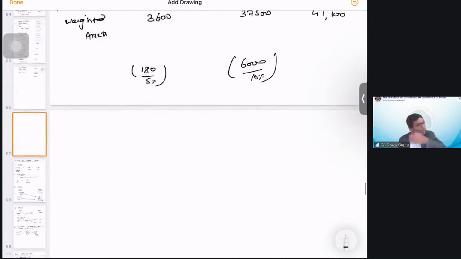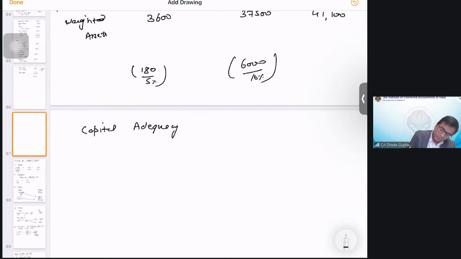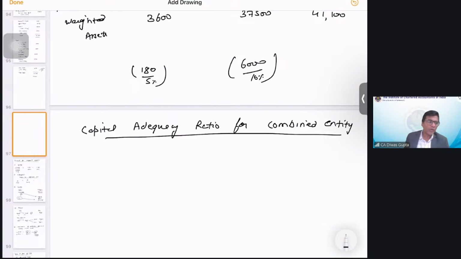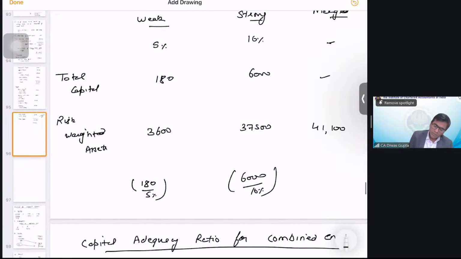Now let's calculate the capital adequacy ratio for combined entity. What is their total capital divided by risk weighted assets?